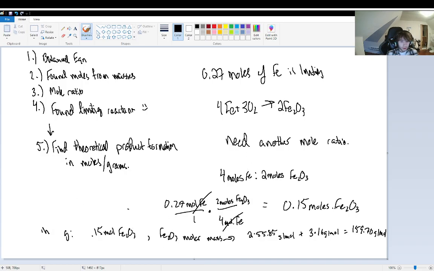I have grams per mole. So 0.15 moles Fe2O3 times 1 mole Fe2O3 so we can cancel out these units, and we said this is 159.7.